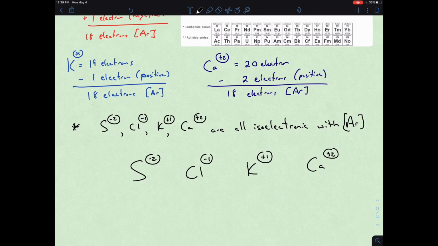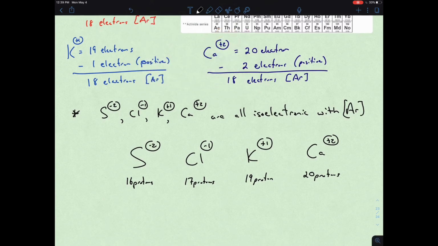If we look at, counting things up, we have, in all cases, 18 electrons, but here we have, with our sulfur, 16 protons, 17 protons for the chlorine, 19 protons for the potassium, and 20 protons for the calcium.